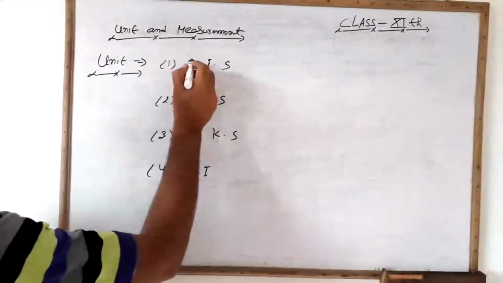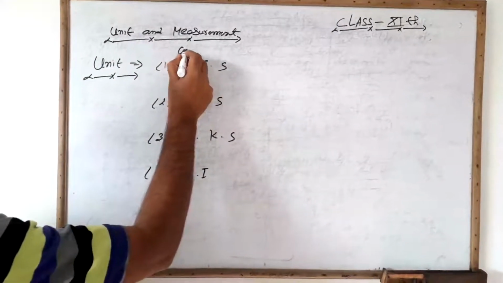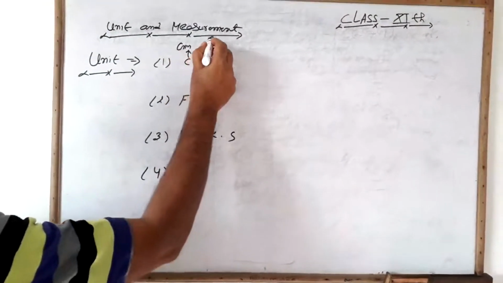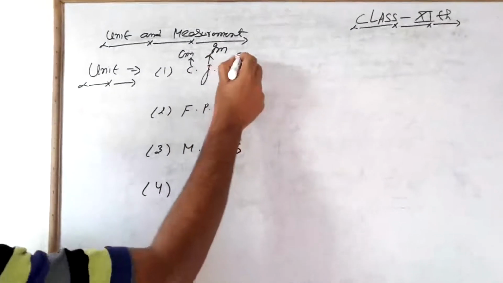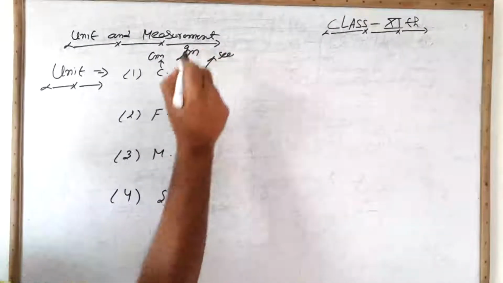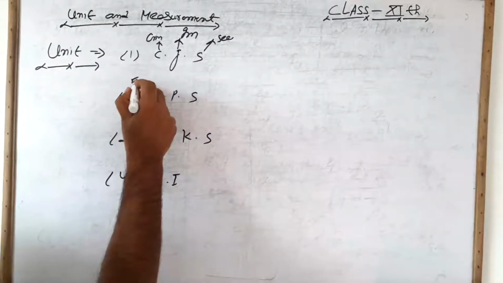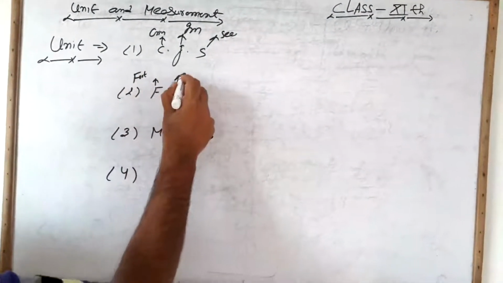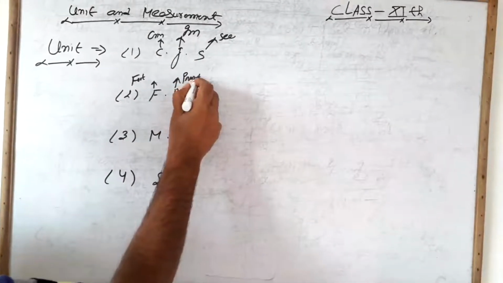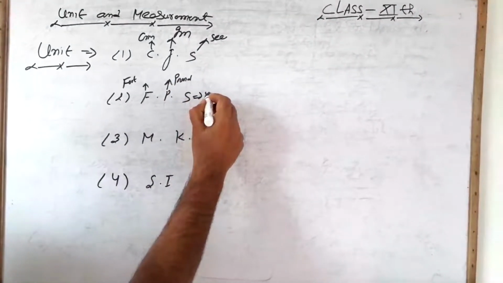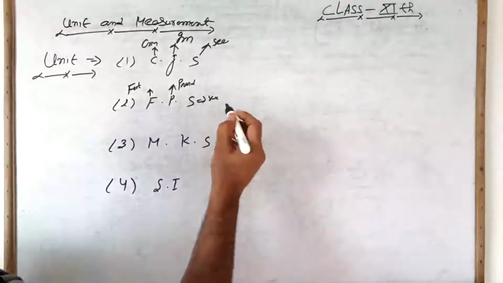C stands for centimeter, G for gram, and S for second. In FPS, F stands for foot, P for pound, and S for second.